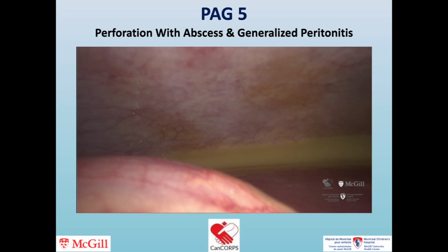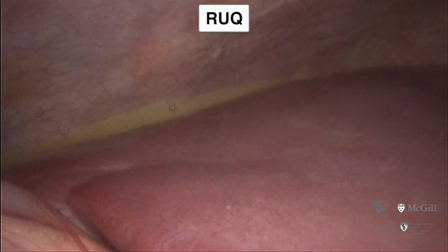This is an example of PAG 5, a perforation with both abscess and generalized peritonitis. On entry into the abdomen, there is clearly significant perihepatic purulence.